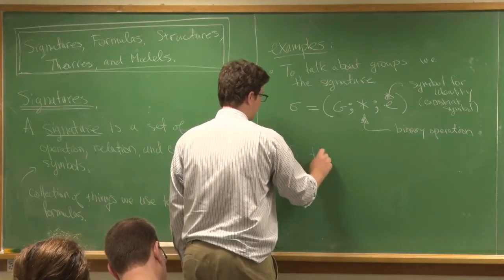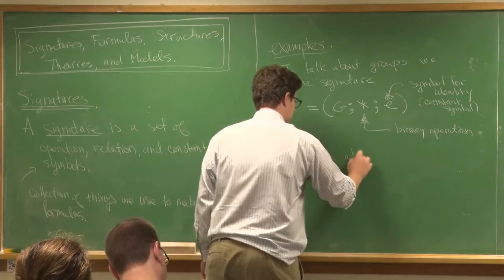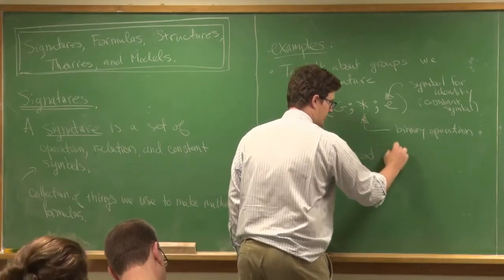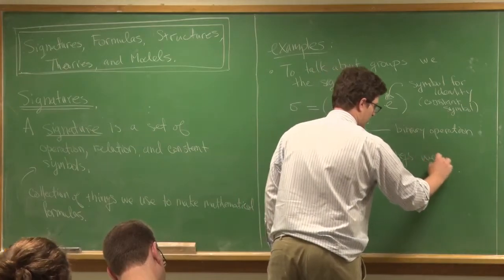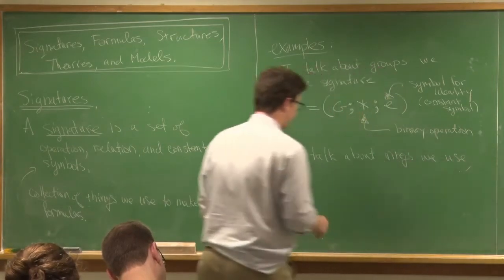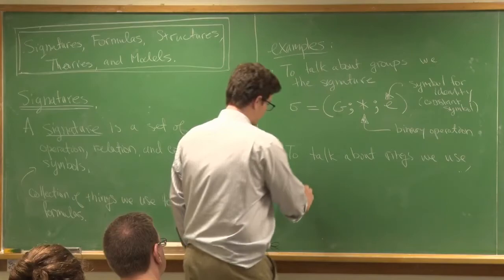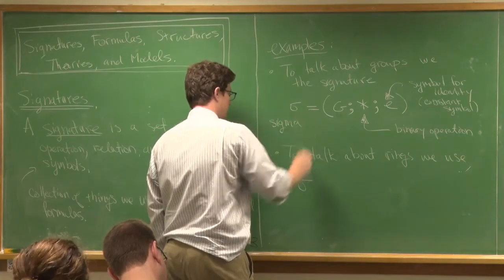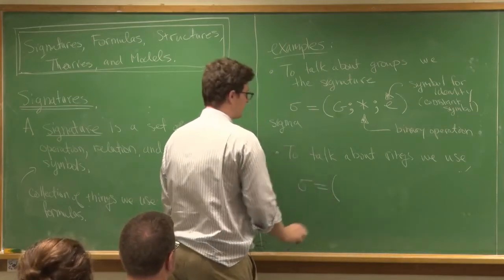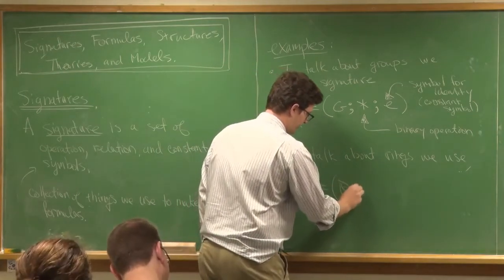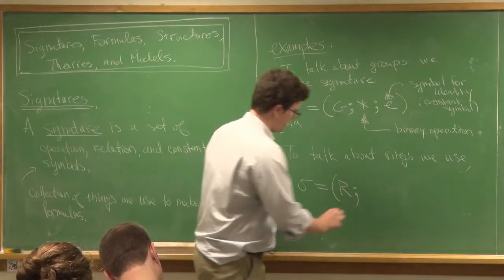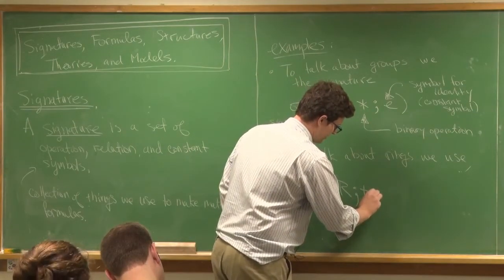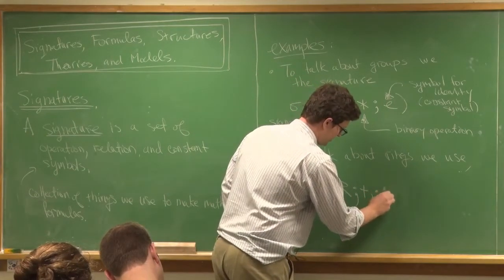To talk about rings, we use the following signature. This is the Greek letter sigma, by the way. So we use the signature where we have the ring sort, and then we have an operation of addition and an operation of multiplication.